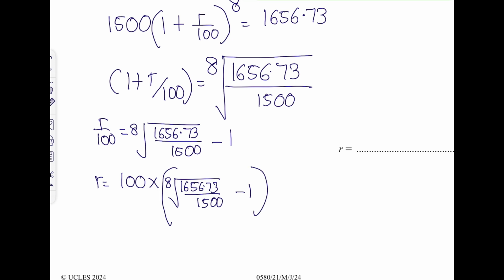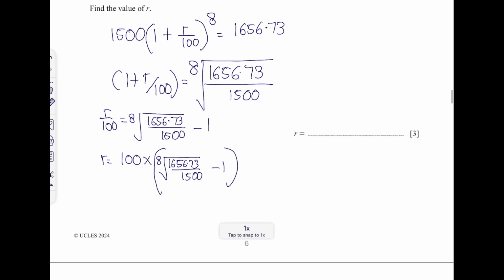So what you get is 100 into the 8th root of 1656.73 over 1500, minus 1. Just be careful when you're typing this in the calculator, not to mix up the minus 1 in the bracket with the root. So that gives me 1.25%. So that would be the value of my R.